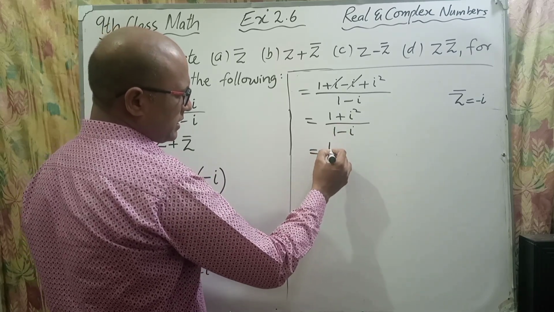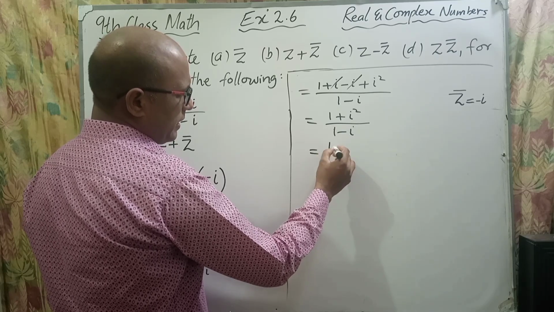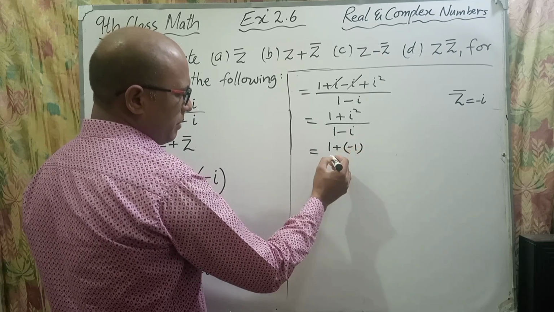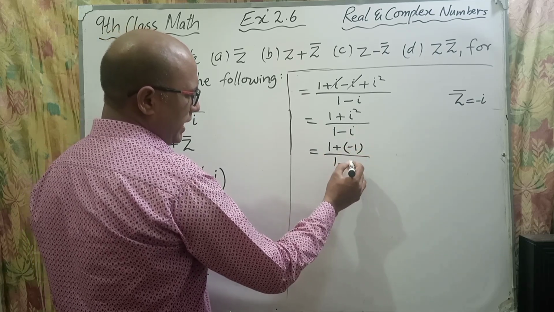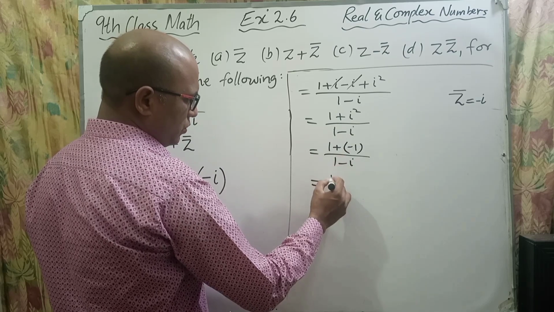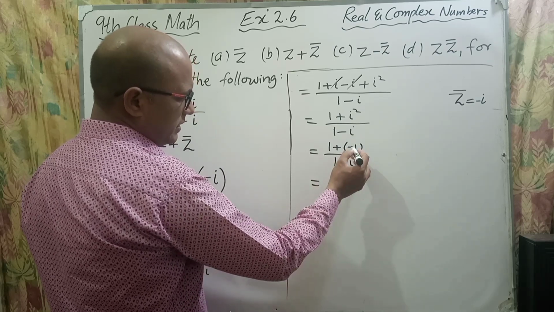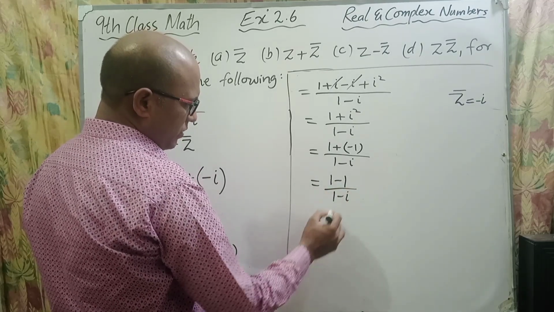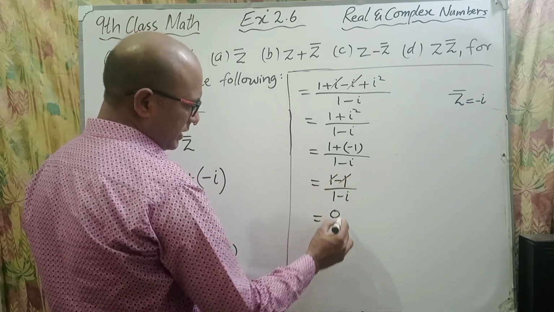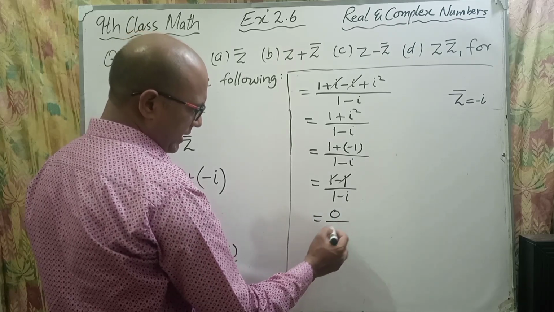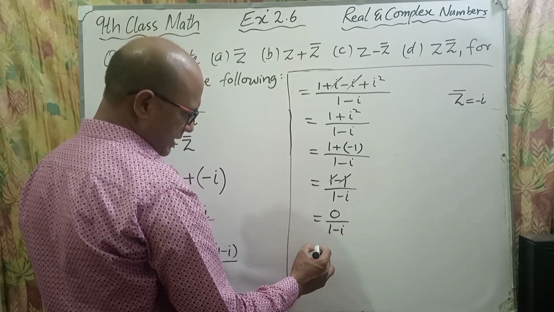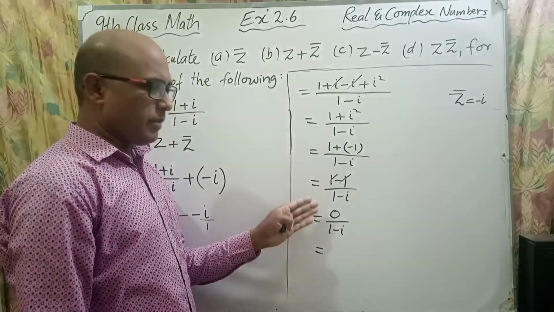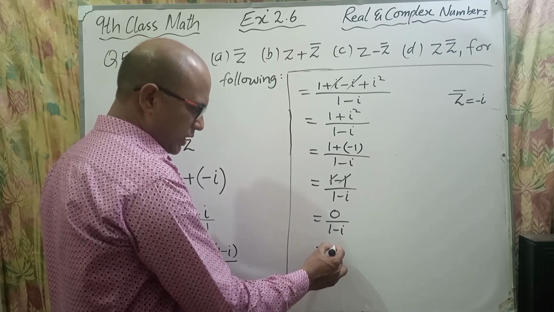So here students, 1 plus, in place of iota square we'll write minus 1, over 1 minus iota is equal to 1 minus 1 over 1 minus iota. 1 minus 1 is cancelled, we are left with 0 here. 1 minus iota as it is, and anything divided by or multiplied by 0 becomes 0.